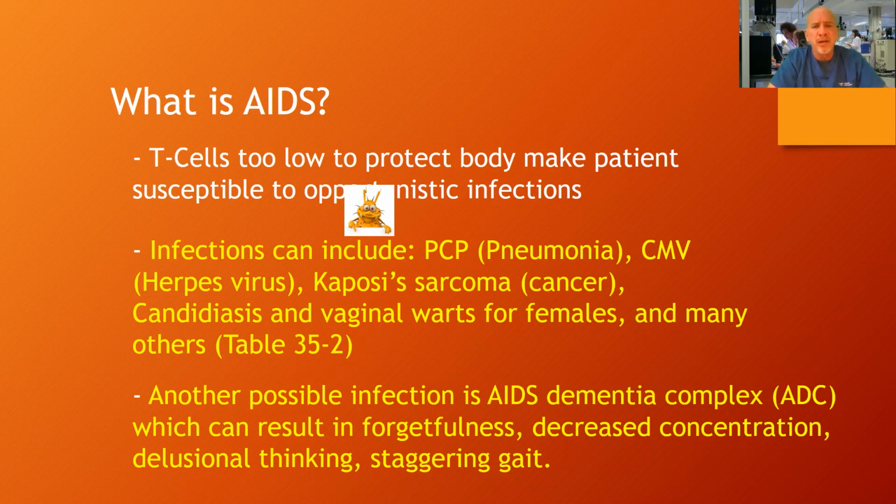But it's a case of pneumonia, commonly called PCP. And this is really what usually does an individual in. Their T cells are so low that they can't fight the infection off anymore. And you end up in respiratory distress and respiratory failure. Your lungs just basically fill up with fluid.